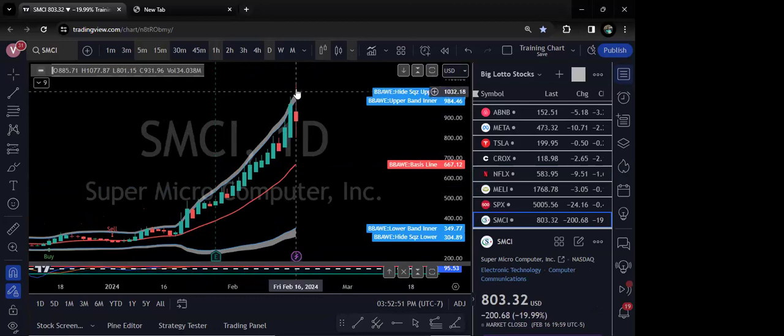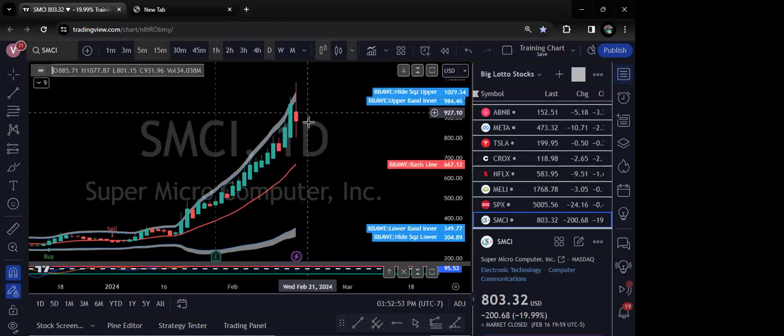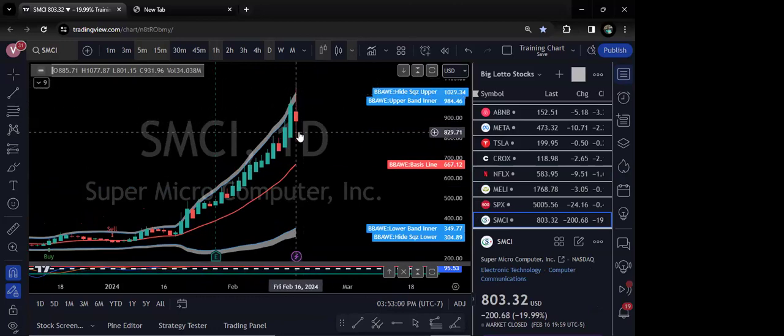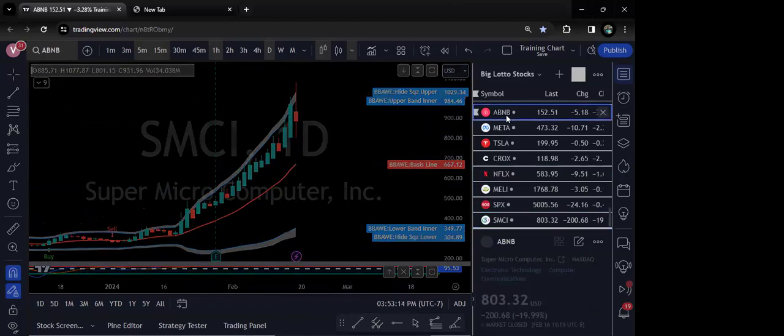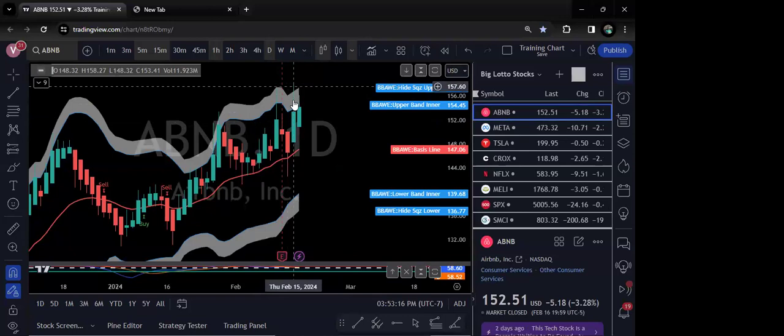It's an indecision candle, but look at it, 1080, 793. So this is a top play. What was the first one? It was ARM. Yes, SMCI, and we have NVIDIA.